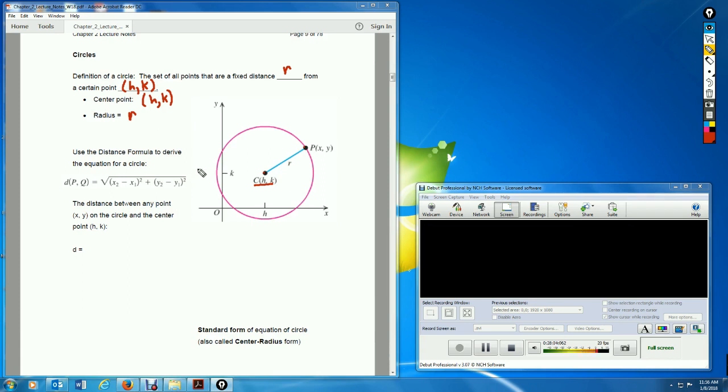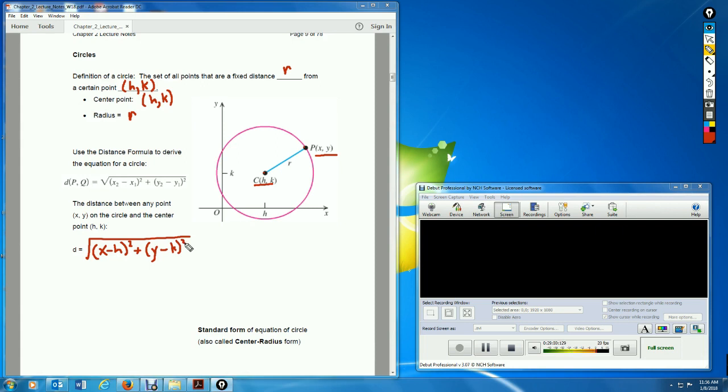And once we know the distance formula, it's pretty easy to derive the equation for a circle. Okay. So we know the distance between any 2 points. If we pick any point on the circle itself, we'll call it point P with coordinates (x, y), and then if we want to use the distance formula to find the distance from any point to the center (h, k), then we would say the distance is equal to the square root of the quantity x minus h, quantity squared, plus y minus k, quantity squared.